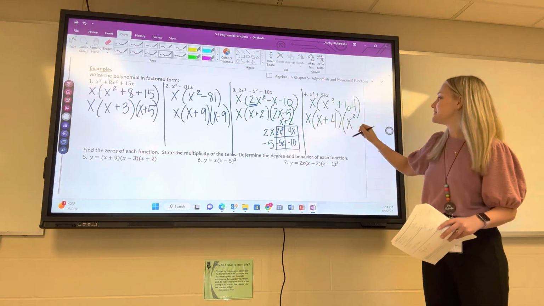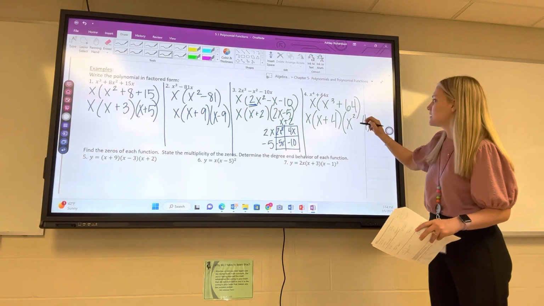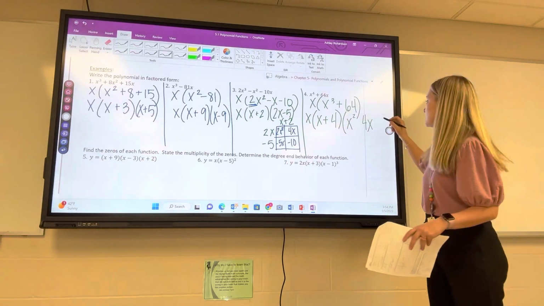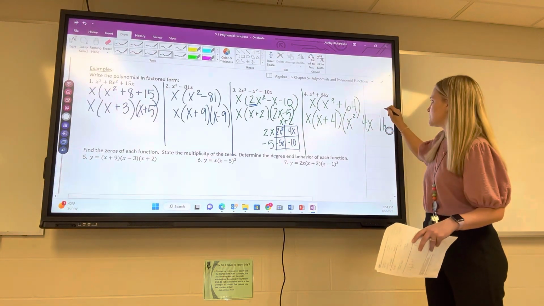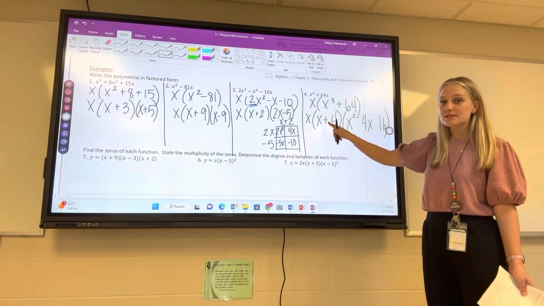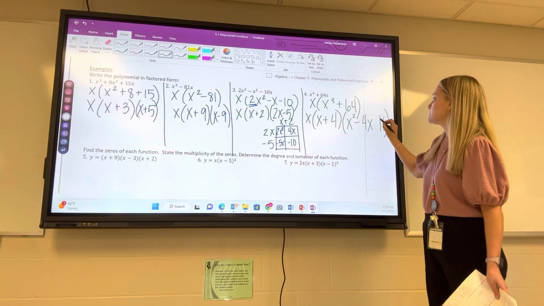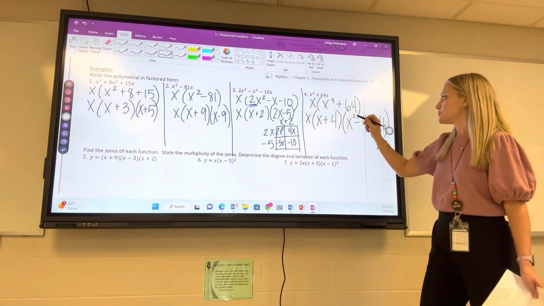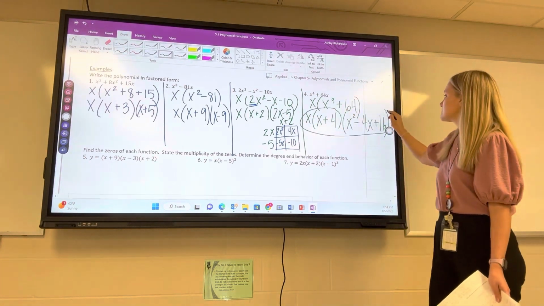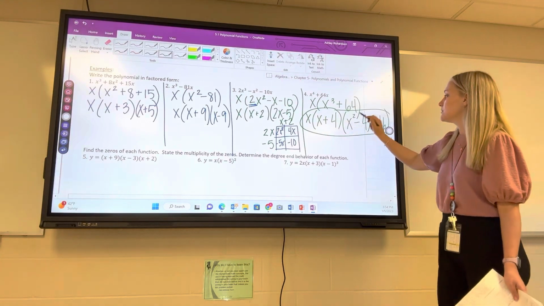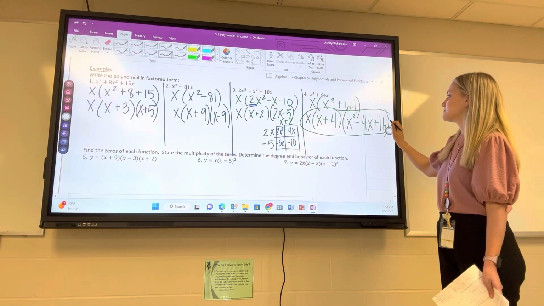Then you multiply them together, so that would be 4x. And then you do the last number squared, so it would be 16, because 4 squared is 16. So we did the same sign for the first one, and then we do the opposite sign, which is minus, and then plus. So for my final answer, I have x times x plus 4 times x squared minus 4x plus 16.